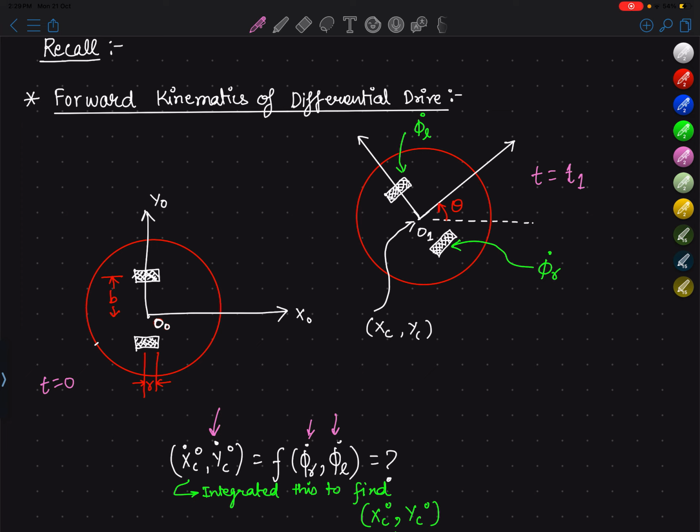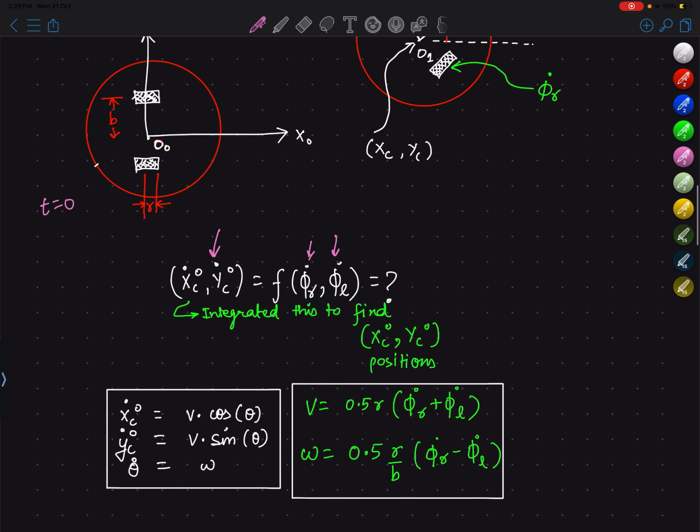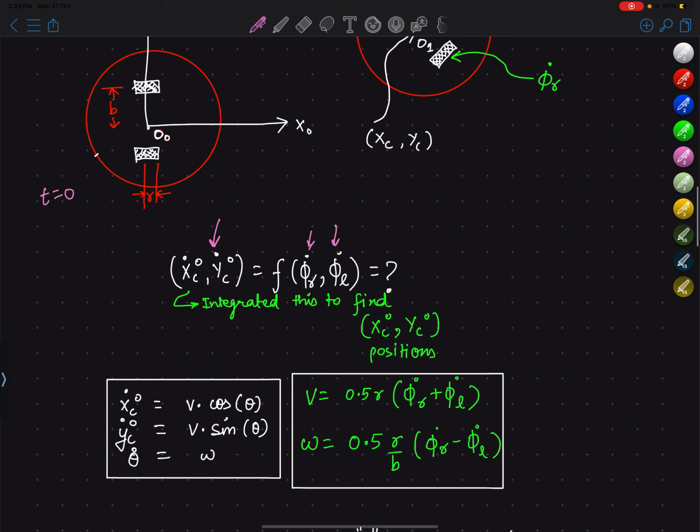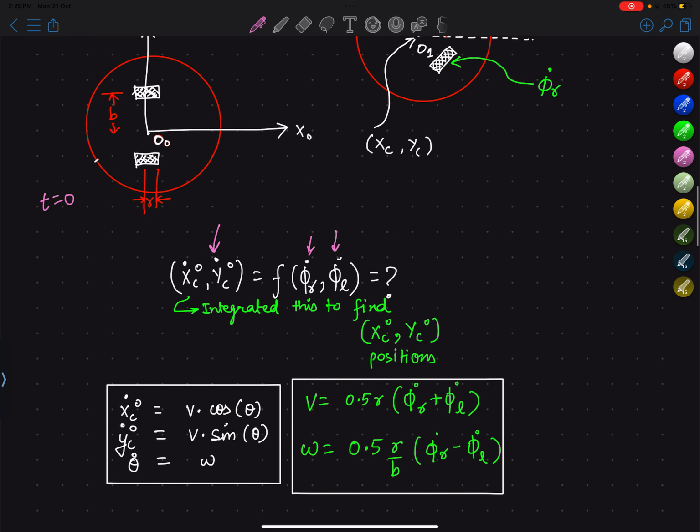Basically, if we know the left and right wheel angular velocities, we can know the velocity of the robot itself. Here the expression of the forward kinematics was given as follows.